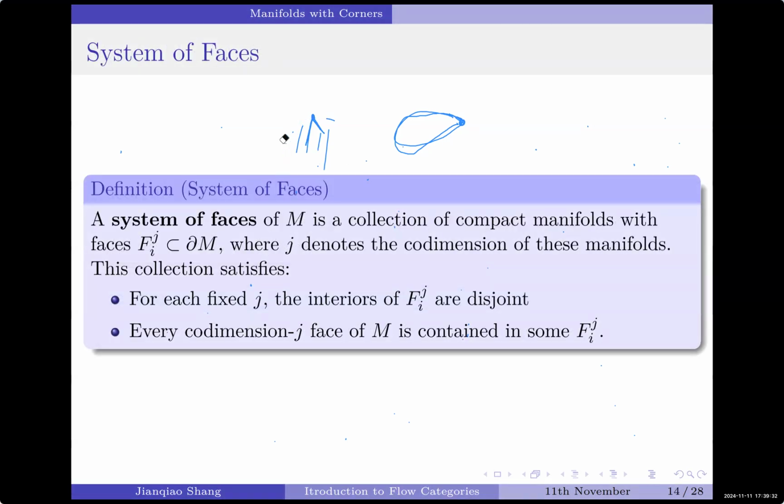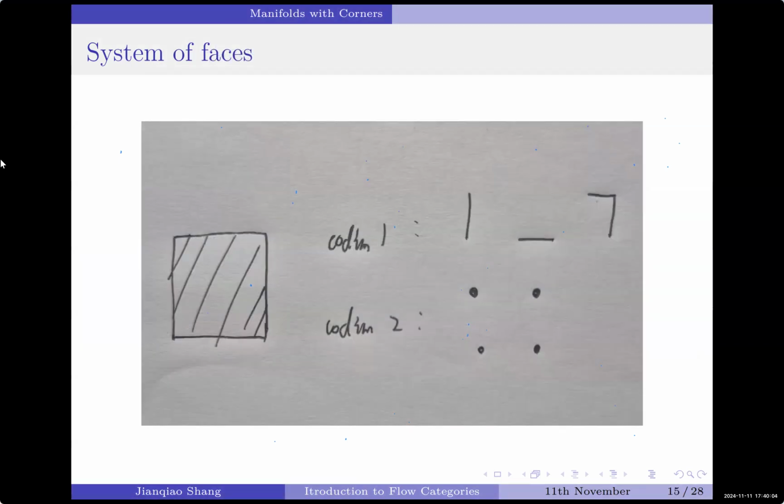Then we introduce the system of faces. This is its definition, and I want to divide the faces of different dimensions into several families. A picture is better to understand. Let's consider such a square, a solid square, which is a manifold with corners.